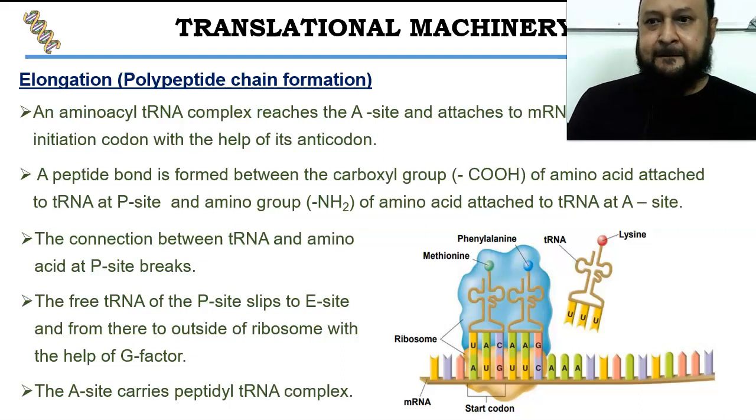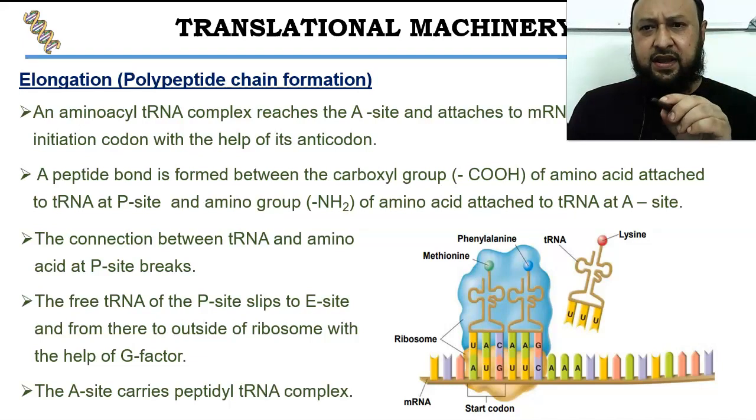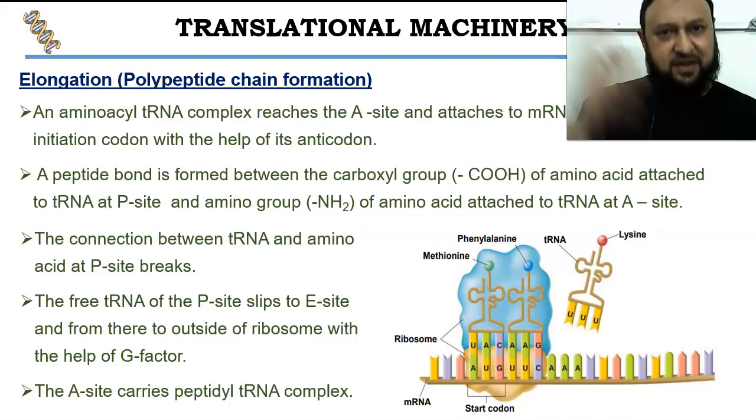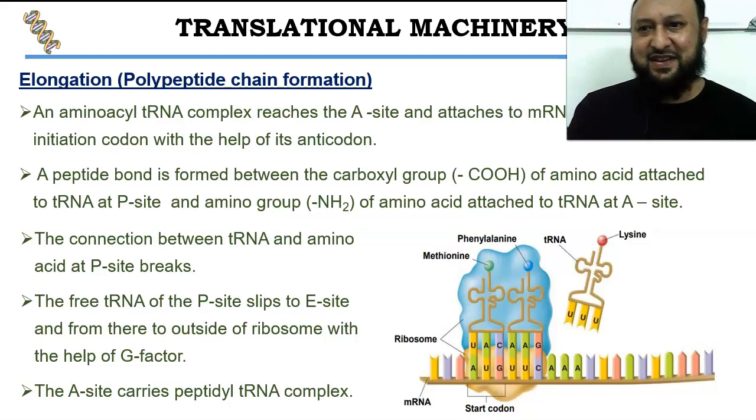Now, the connection between the tRNA and the amino acid at the P site breaks, so that they can move away. The free tRNA of the P site shifts to the E site, or exit site, and from there to the outside of the ribosome with the help of the G factor.